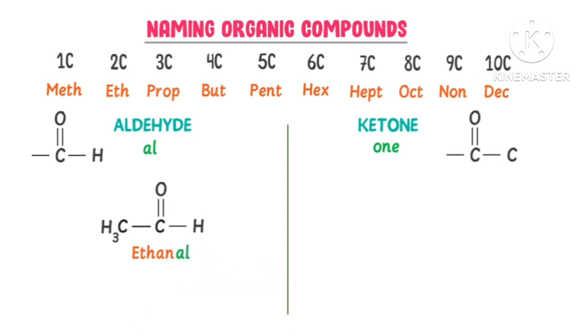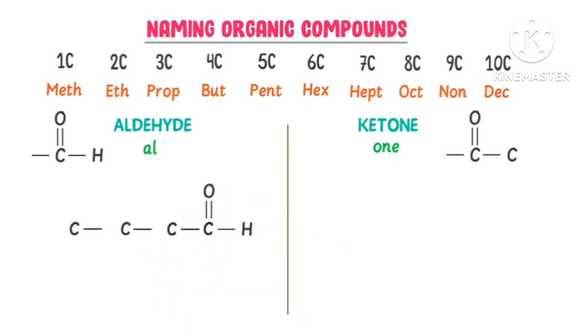I write al. So I get ethanal. Thirdly, in case of these carbon atoms, there are 4 carbon atoms. I write H3, H2 and H2. I write butane and for the functional group of aldehyde, I write al. So I get butanal. Thus by this way, we can name the organic compounds of aldehyde.